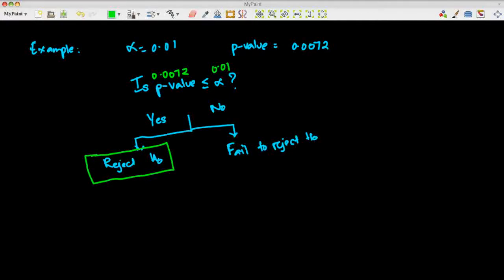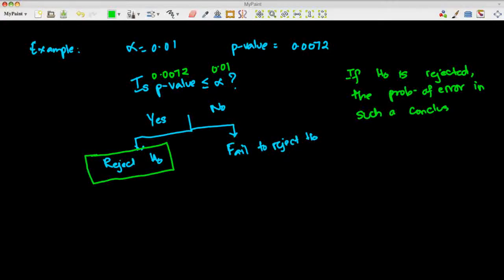So how would I interpret it? One interpretation is, if null is rejected, which is the case in this problem, the probability of error in such a conclusion is 0.0072 or 0.72%.